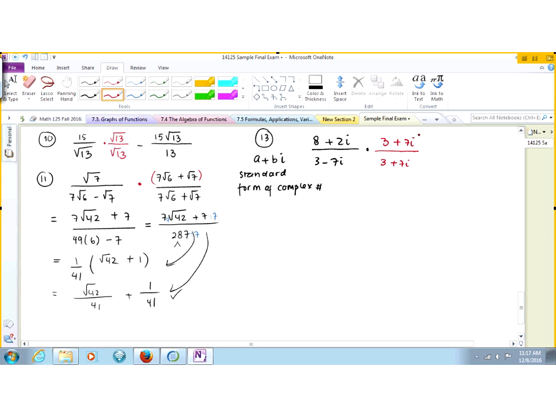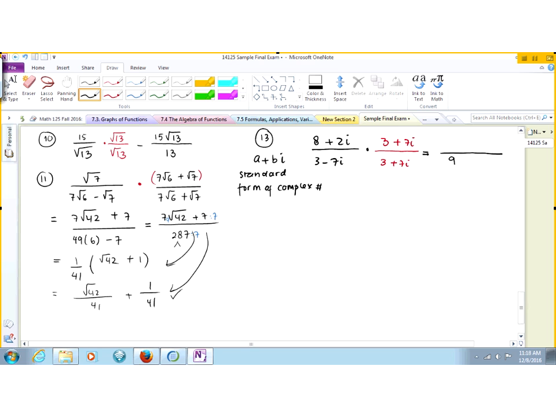All right. And then what? So the bottom, let's say the bottom, were we able to get rid of the i? Let's see. So this is a special product, so we will just do FOIL without the outer and inner. So first, what is first? 3 times 3, that is 9.